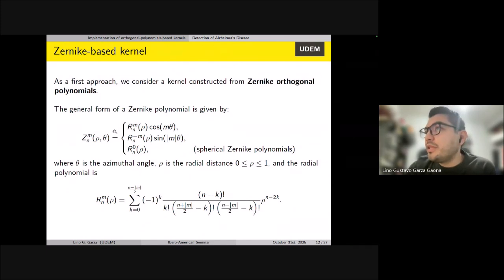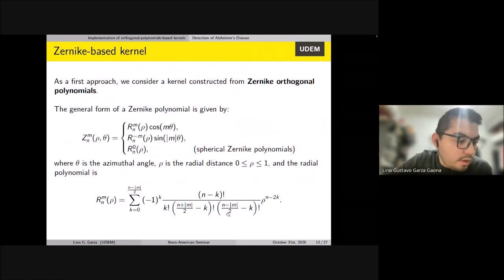Here I put the definition of the Zernike polynomial. This is for even degree or odd degree, and the case when m is equal to 0 is called the spherical Zernike polynomials. The radial part of the polynomial is given in this way.